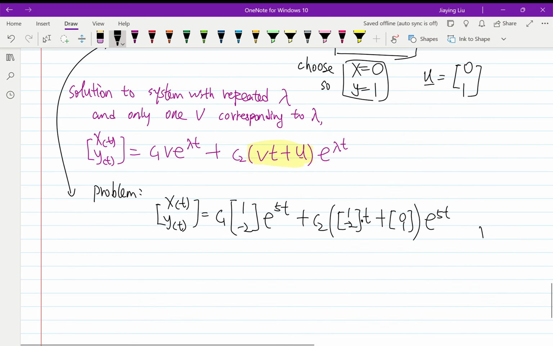So this is the vector form of the solution. And obviously we can always write down the scalar form, which is read from the vector form. The top line will be the x of t.